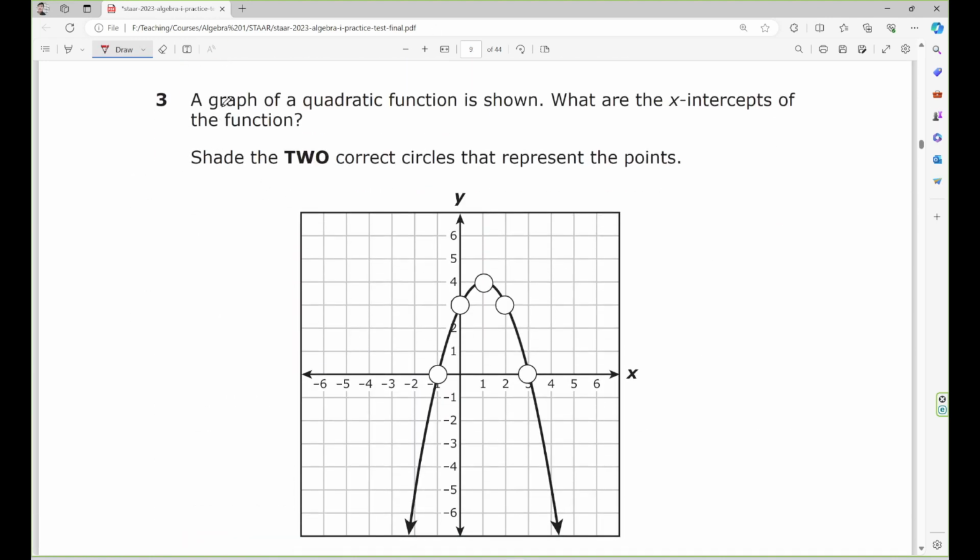Next one, question number 3. A graph of a quadratic function is shown. What are the x-intercepts of the function? Now, x-intercepts are where the graph meets the x-axis.